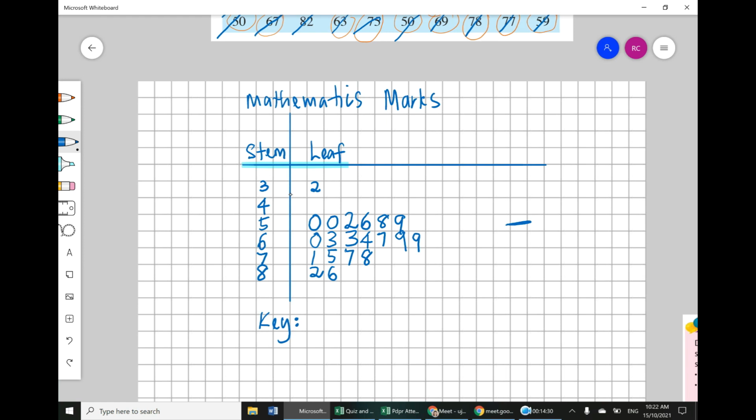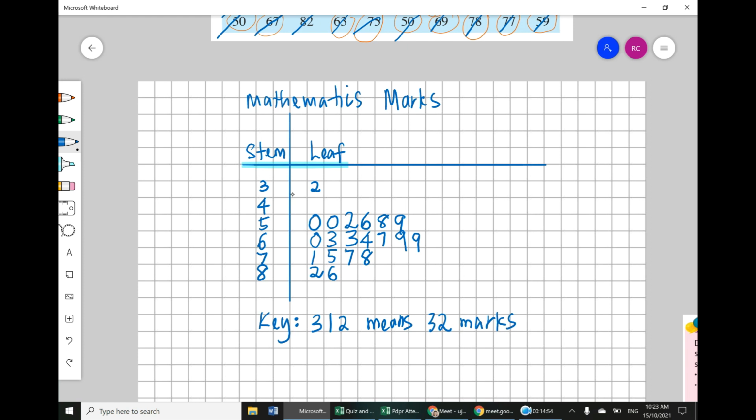Okay, so this one is a vertical dash. So I'm going to write down the number there. 3-2 means what? Means what? Do you know? Means 32 marks. So that people will know how to read your stem and leaf plot.